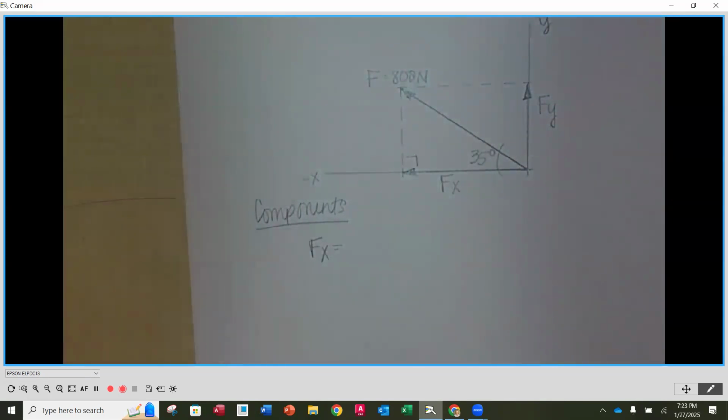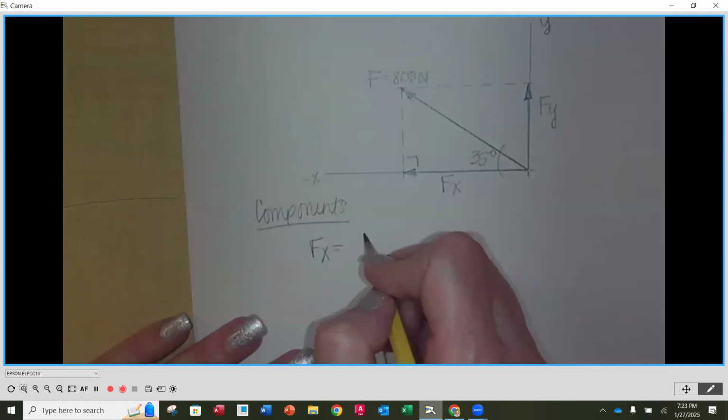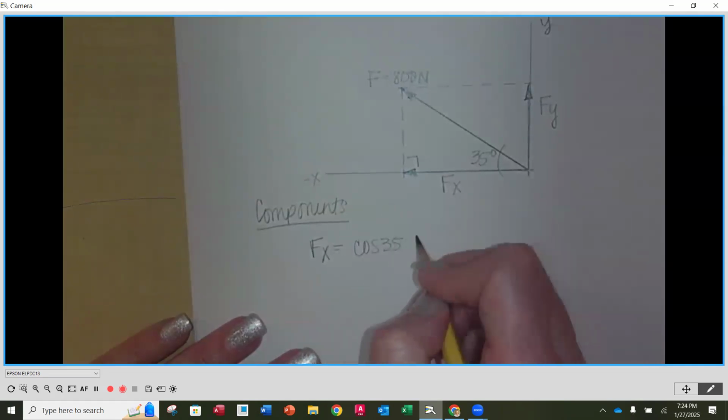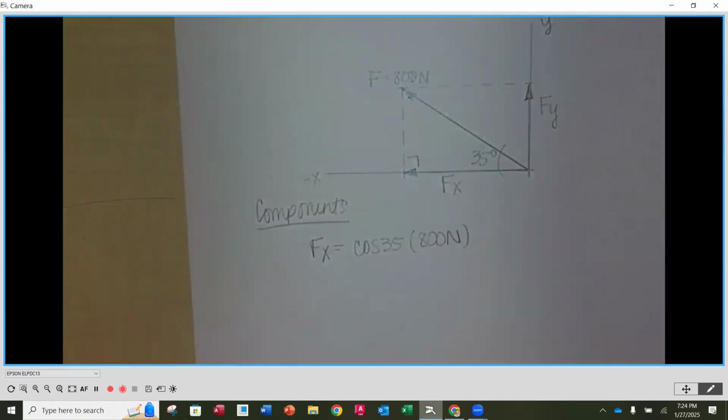So trig function, sine, cosine, tangent, which one would this be? This would be the cosine, right? Yeah, because we're the side adjacent. So we're going to say FX is equal to the cosine of 35 times the hypotenuse, which is 800 newtons. Does that make sense to everybody?